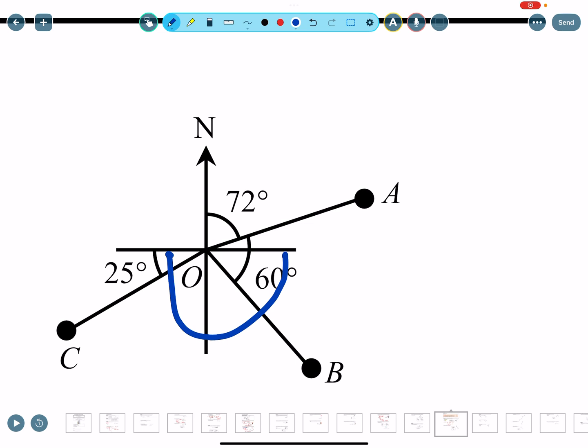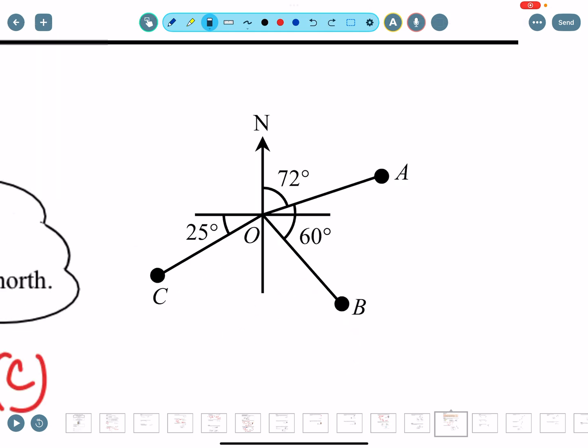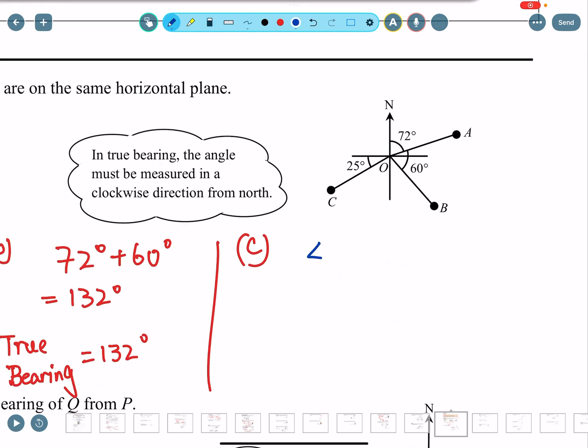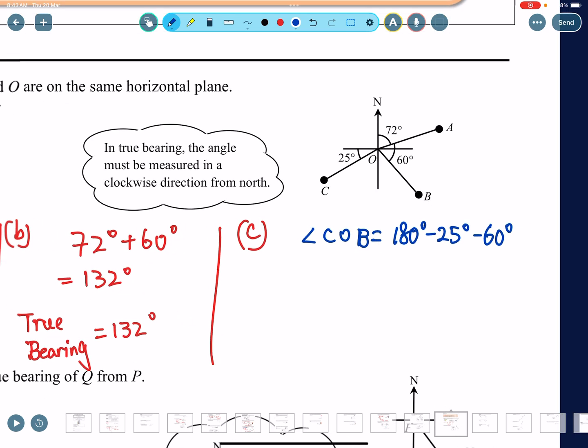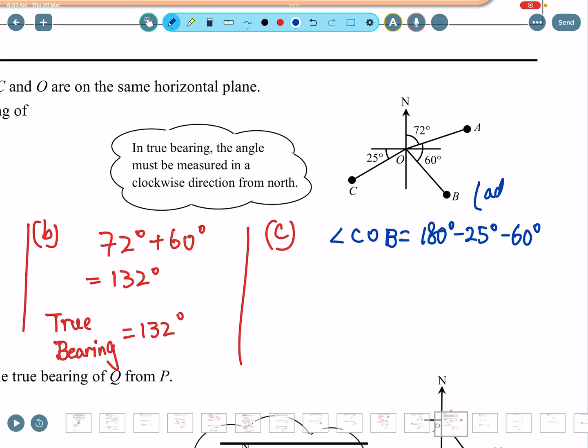So if we subtract 60 and 25, it should be the angle that we want to find. So we're gonna write angle COB is equal to 180 degrees minus 25 minus 60, and the reason is adjacent angles on a straight line.